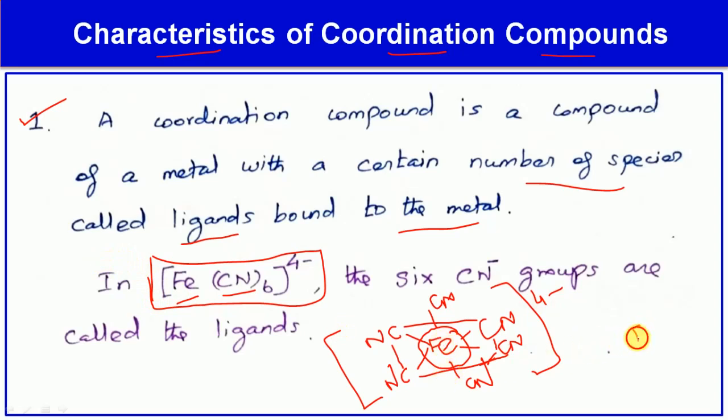So again I am writing the same: Fe, with CN, CN, CN, CN, CN, CN, octahedral geometry.